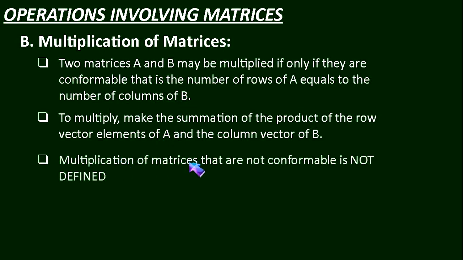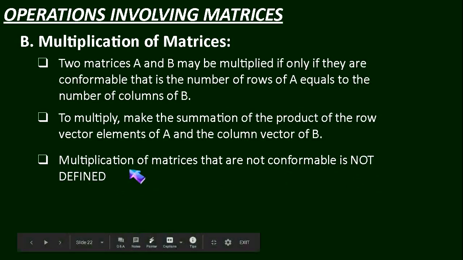So, multiplication of matrices that are not conformable is not defined. So, pag sinabing hindi conformable, yung number of rows sa first matrix is not equal to the number of columns ng second matrix. Yan yung not conformable. So, yung ating sagot dito is not defined.